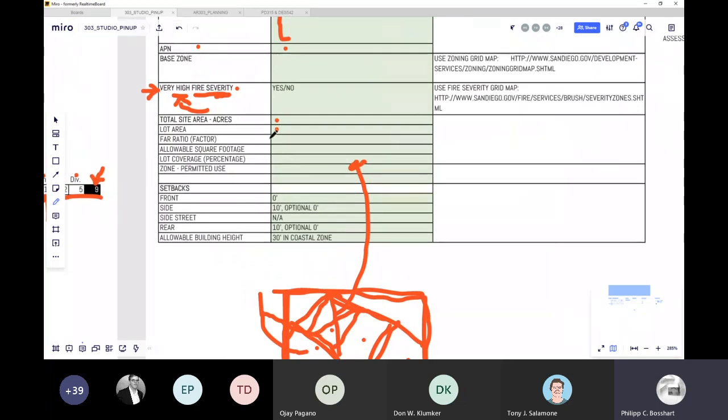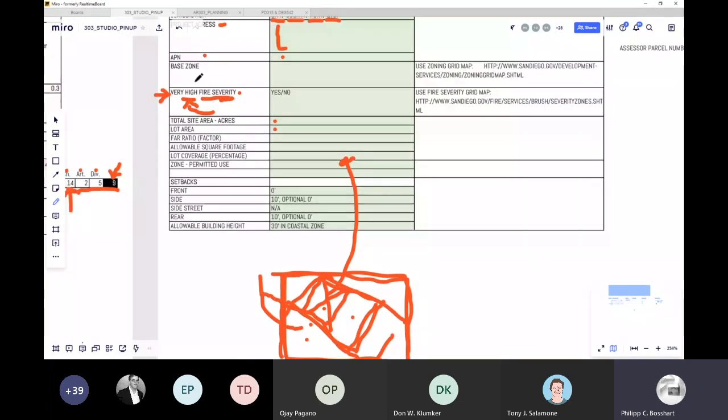I think we know this is a combination of knowing what your base zone is and being able to extrapolate a FAR ratio. So that could be anywhere. It's a factor that you multiply by this, which essentially establishes the allowable square footage.